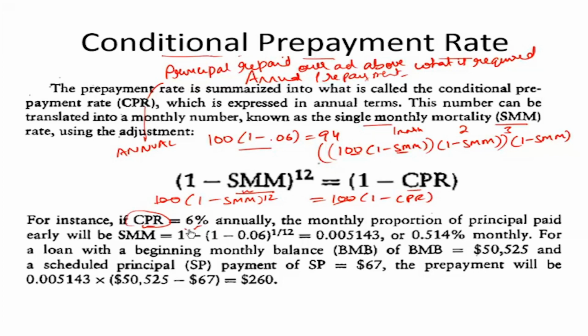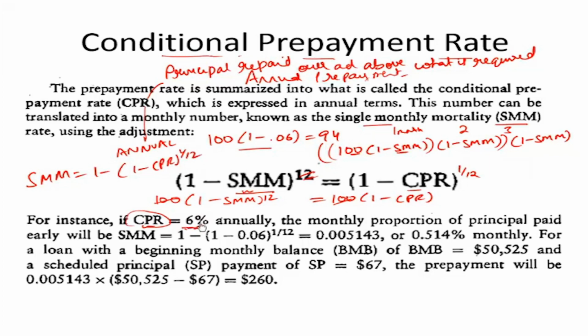So if 6% is the CPR annually, then the monthly prepayment rate can be calculated as (1 minus CPR) to the power 1 by 12, and we'll take SMM this side. So SMM can be written, from this equation, as 1 minus (1 minus CPR) to the power 1 by 12.